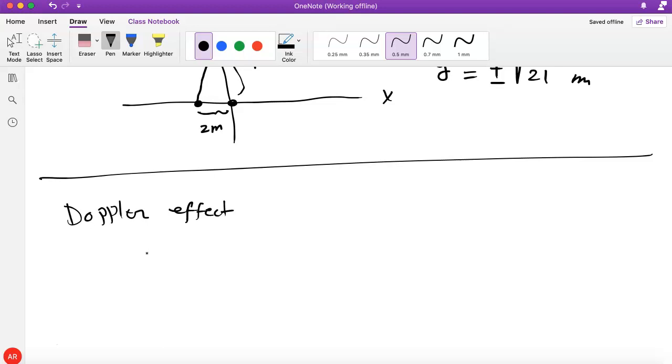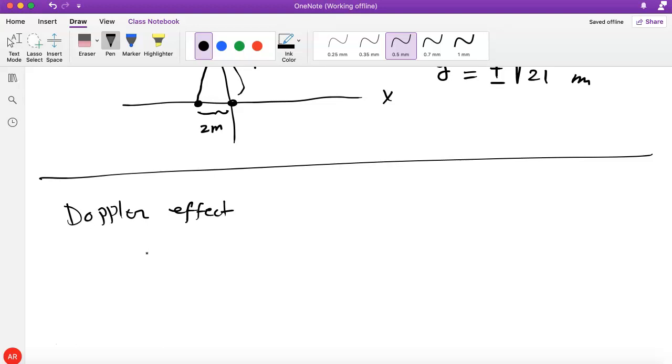So there's something about sources that are moving with respect to observers or listeners. It's quite important in astronomy. Again, the light emitted from distant stars or galaxies, depending on how they move, the frequency changes.